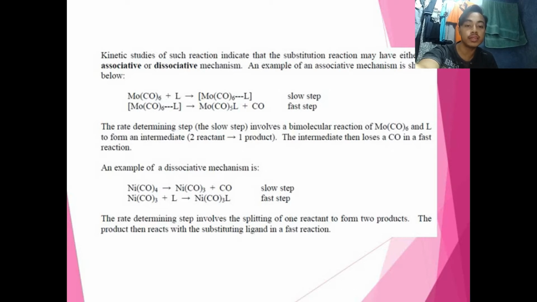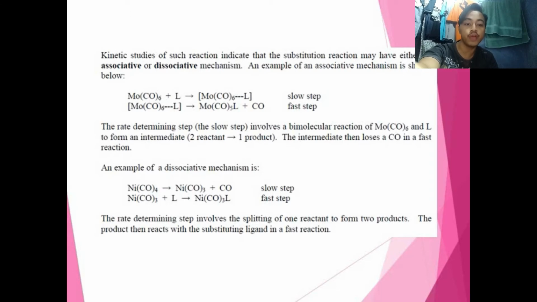And below it is the example of the dissociative mechanism, in which we remove one of the CO ligands from the metal complex in the slow step, then a new ligand is added to the metal complex in the fast step. The rate-determining step involves the splitting of one reactant to form two products.